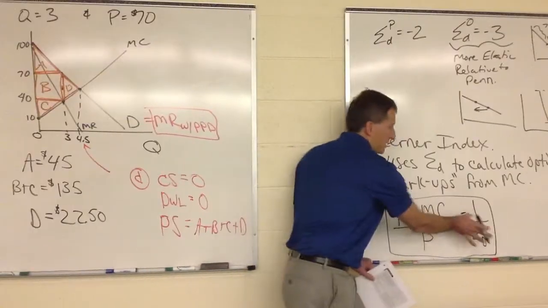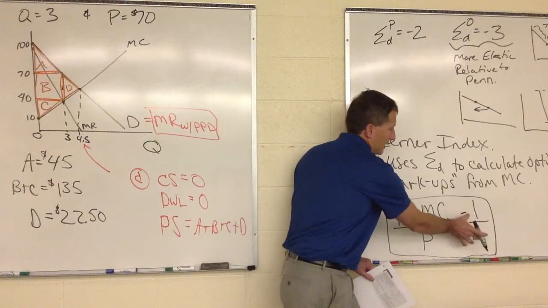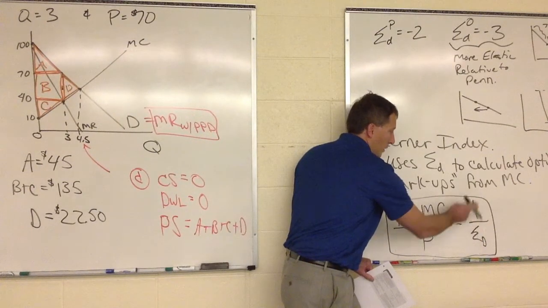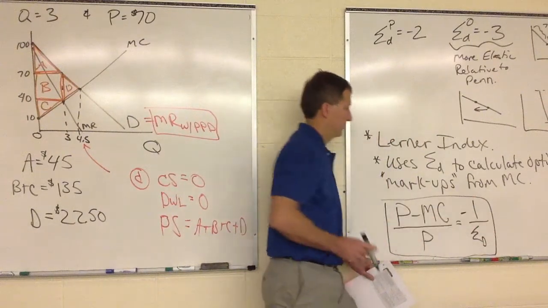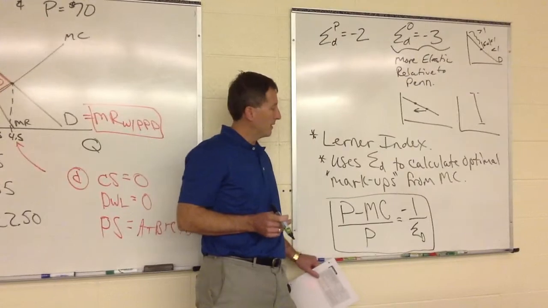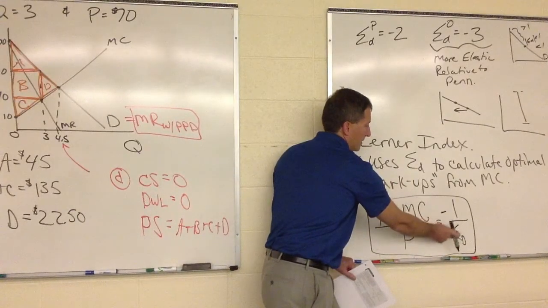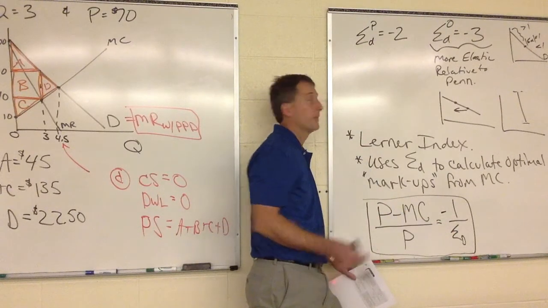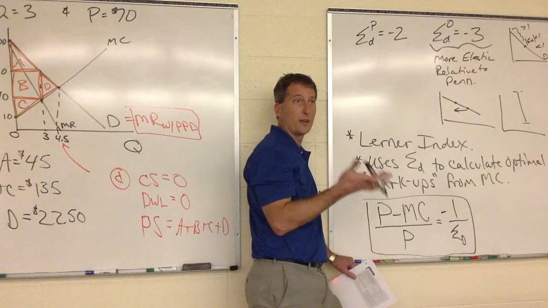So now we're going to use these two features together. As we start to have a more elastic demand, what happens to that markup? Let's use our numbers now. This ends up being 1/3, and this ends up being 1/2, 0.5.